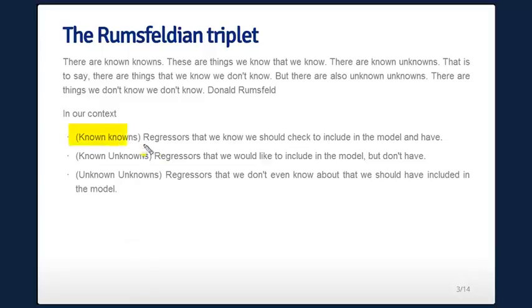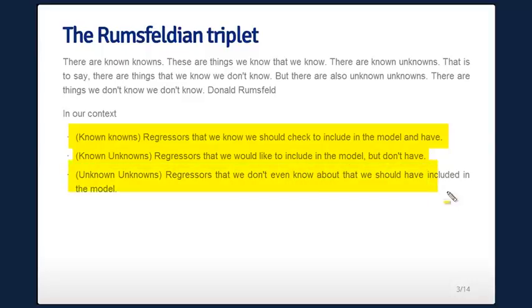In our context, known knowns are regressors that we have, and we should check whether or not they need to go into the model. Known unknowns are regressors that we'd like to include in the model, but we don't have. We either didn't collect or can't collect them. And the unknown unknowns would be regressors that we don't even know about that we should have included in the model. I like to call that the Rumsfeldian triplet.